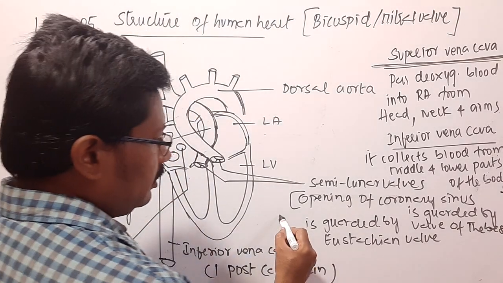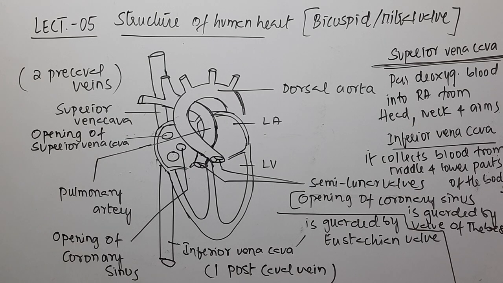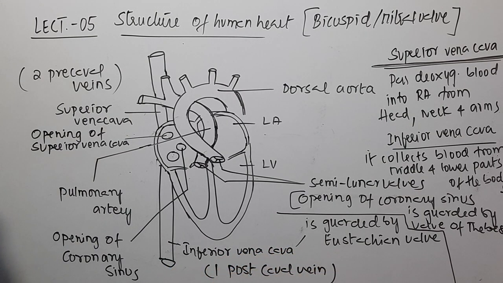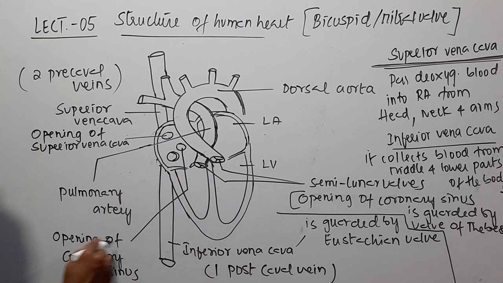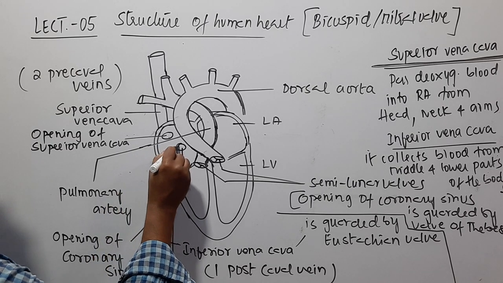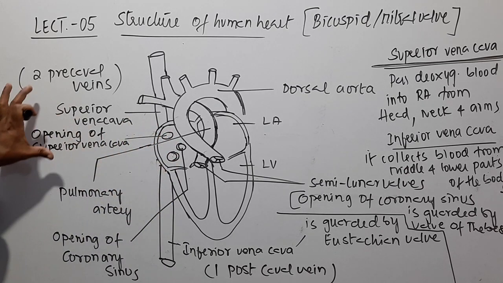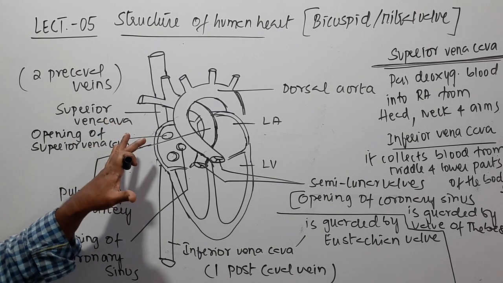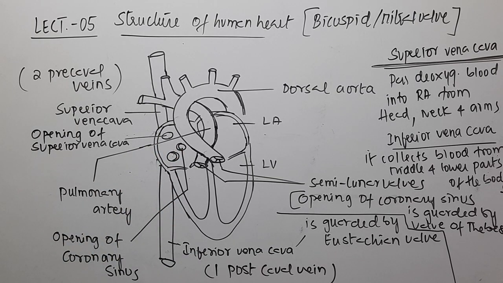Whereas this inferior vena cava is guarded by Eustachian valve. So you find a valve here, and at the same time the opening of coronary sinus also has a valve, called valve of Thebesius. So out of these three, the superior vena cava is the only one that is not guarded by a valve, whereas these two are guarded by valves.